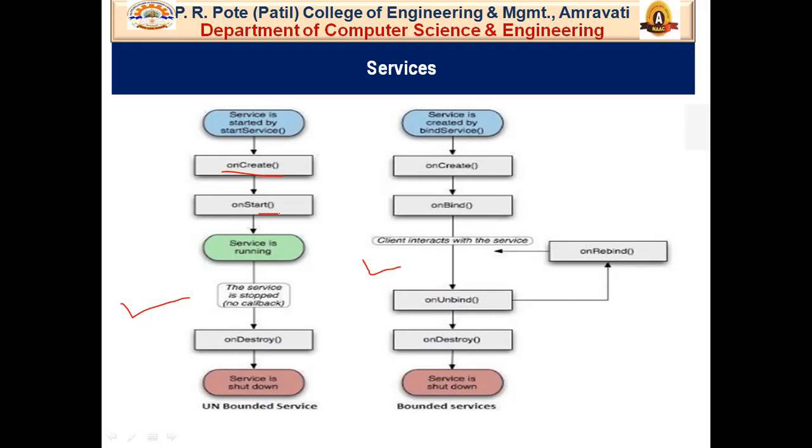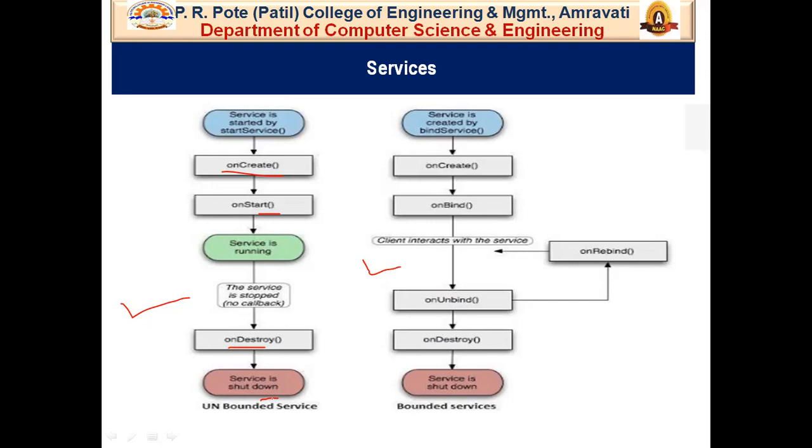After we have called the stop service method, the service comes to the onDestroy method. In onDestroy, we release any memory or resources we are holding, and the service is shut down. So this is the unbounded service life cycle.